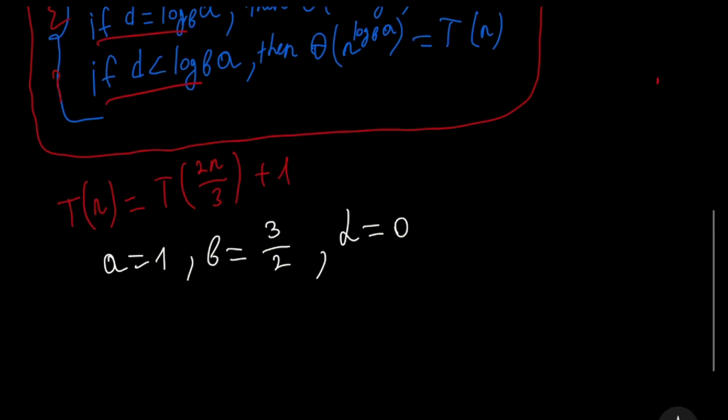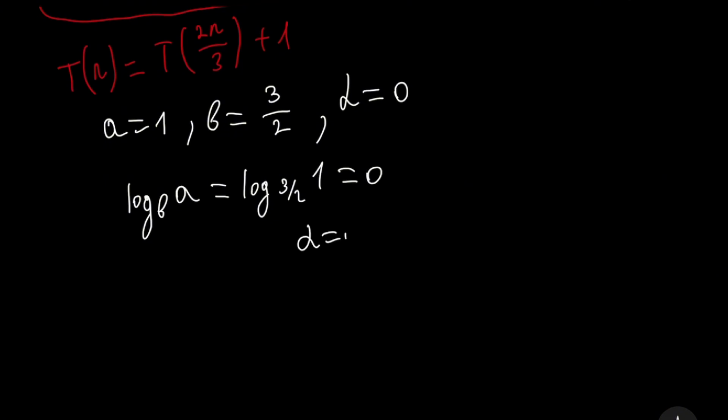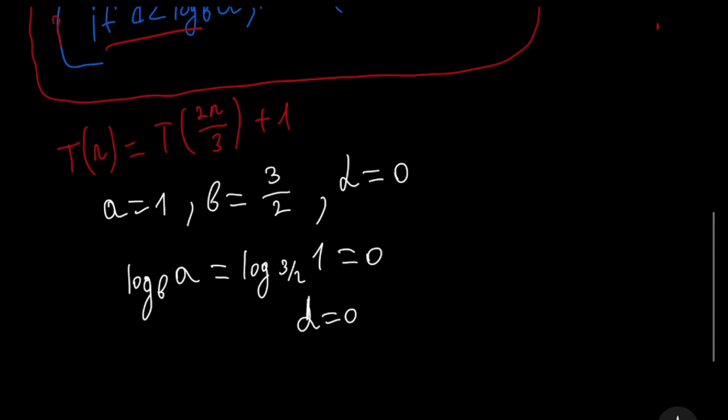So let's compute log base b of a. This is log base 3/2 of 1, which is 0, and d is also 0, right? So in our case, d is equal to log base b of a.